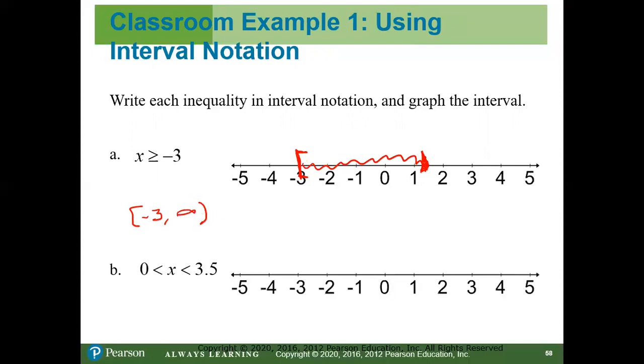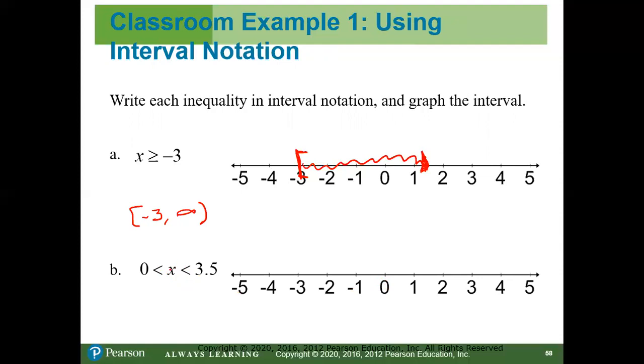Okay. This next one says x, this is the best way to read this one, x is between 0 and 3.5. So between 0 and 3.5, and you can see the symbols that we're using here, they should be parentheses because it's not less than or equal to, it's just strictly less than, okay?